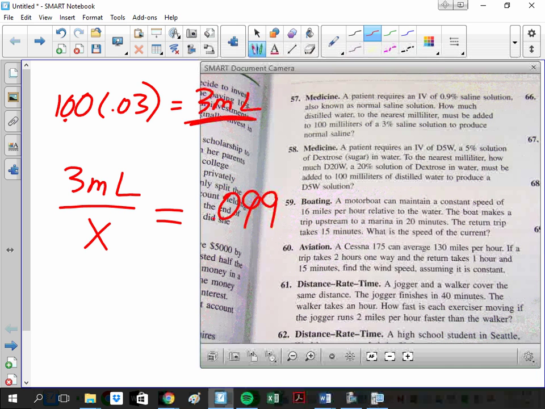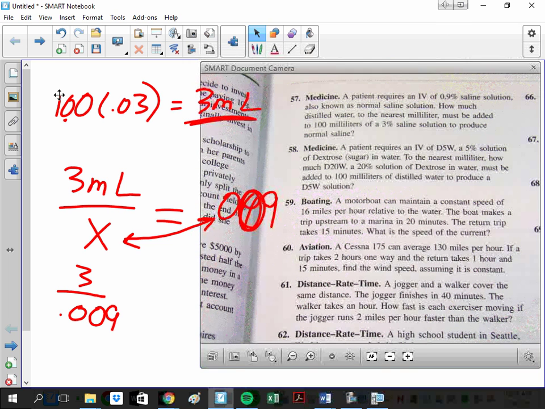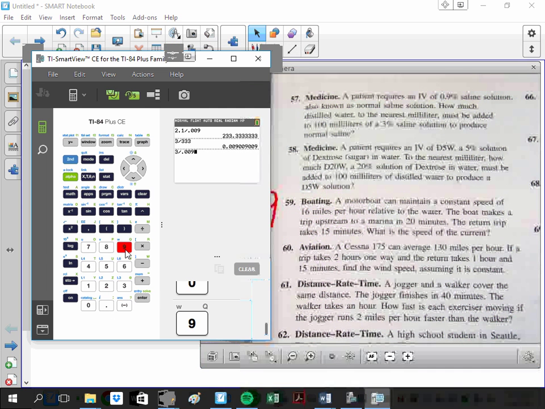How do you solve a fraction with a variable in the denominator? You just switch them. So 3 divided by 0.009. Oh, Jake's laughing at me. That's okay, right back at you. 3 divided by 0.009. What do you expect when I do this?